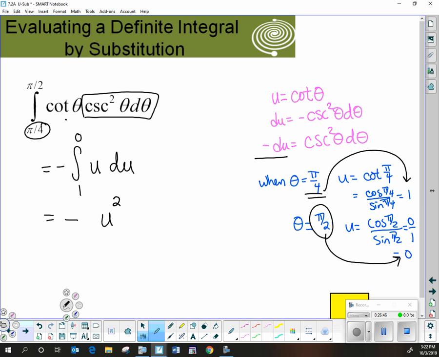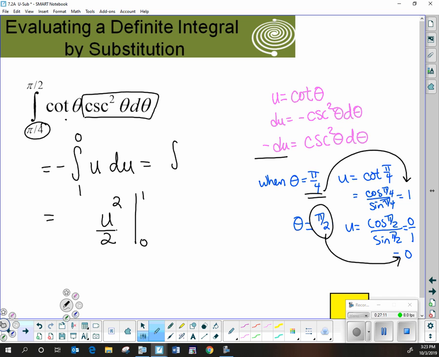u squared divided by 2, or 1/2 out front, evaluated from 1 to 0. Oh, I need to flip this, don't I? If I flip this, that is a negative property, so that negative will become a positive. Okay, so I'm going to shift this over into positive.